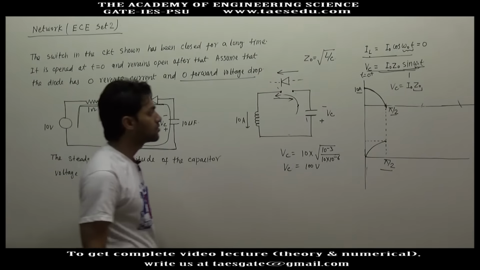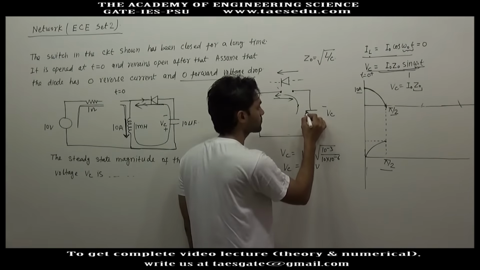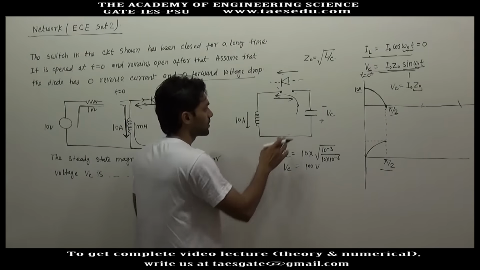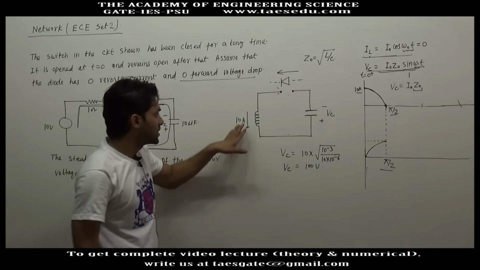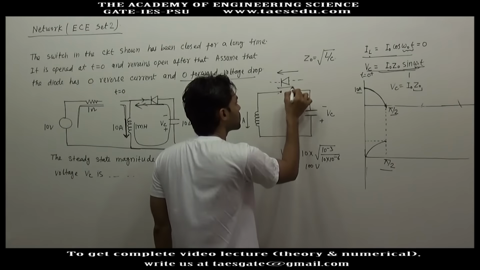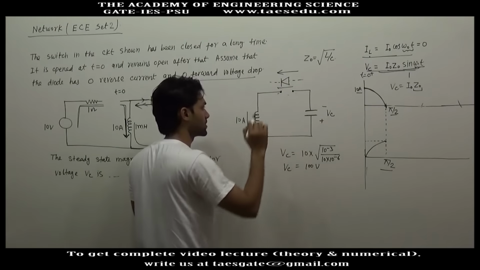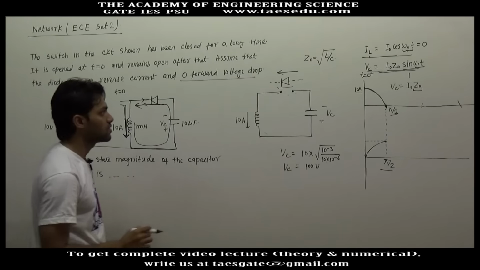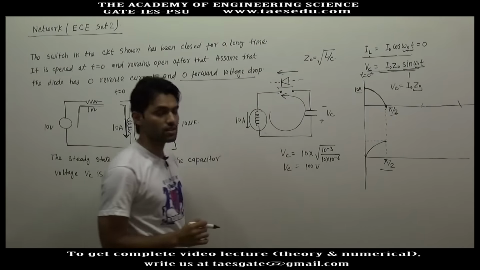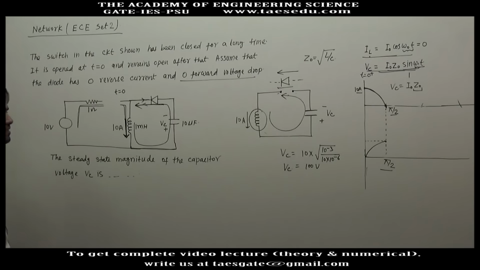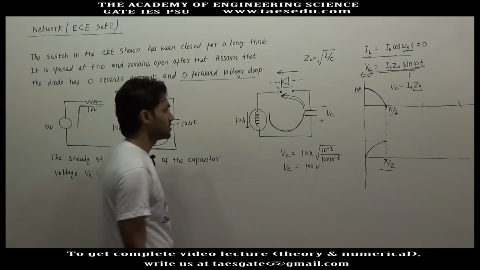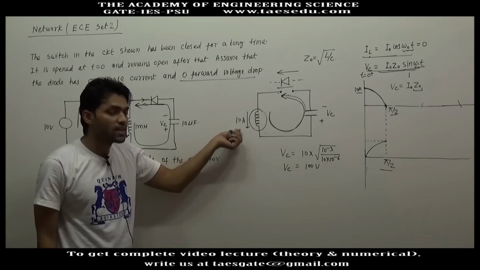There is another way to find out capacitor voltage. If you start from the beginning, initially inductor has a current of 10 ampere, and this diode allows the inductor current in anti-clockwise direction only. Okay, so the current will keep flowing in anti-clockwise direction till the inductor current becomes 0, because inductor current cannot suddenly change its direction.